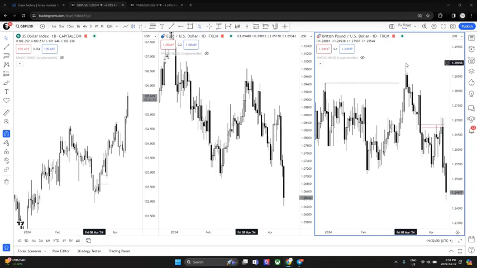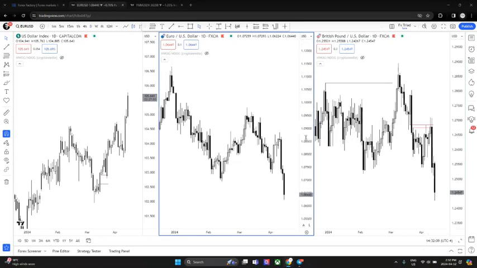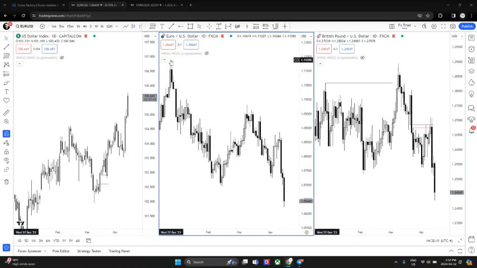During the first quarter of the current year, we had this candle trade above this high, whereas the euro couldn't even get above these highs, much less this one.